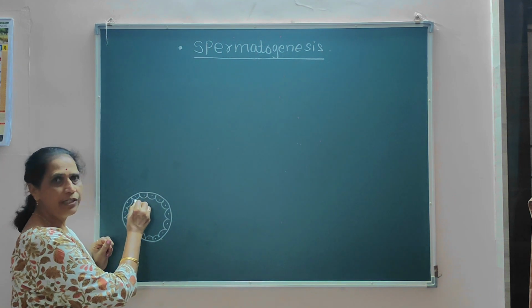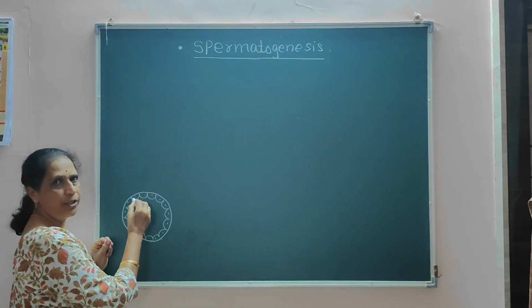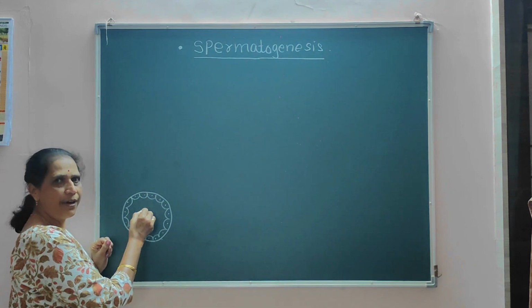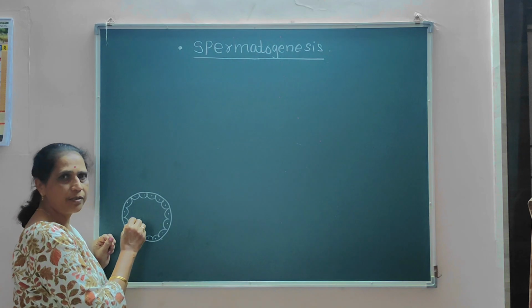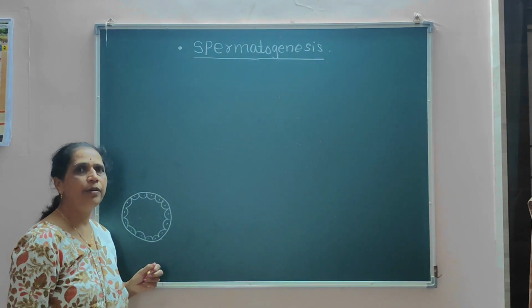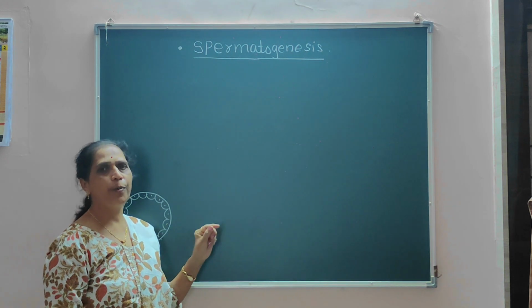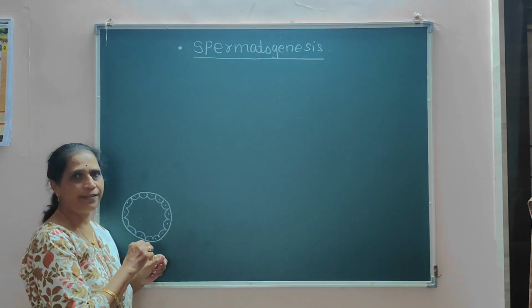Each primordial germ cell of the germinal epithelium divides and redivides to produce sperms. So here the process of spermatogenesis takes place. Spermatogenesis means the process of formation of sperms in the seminiferous tubules of testes.